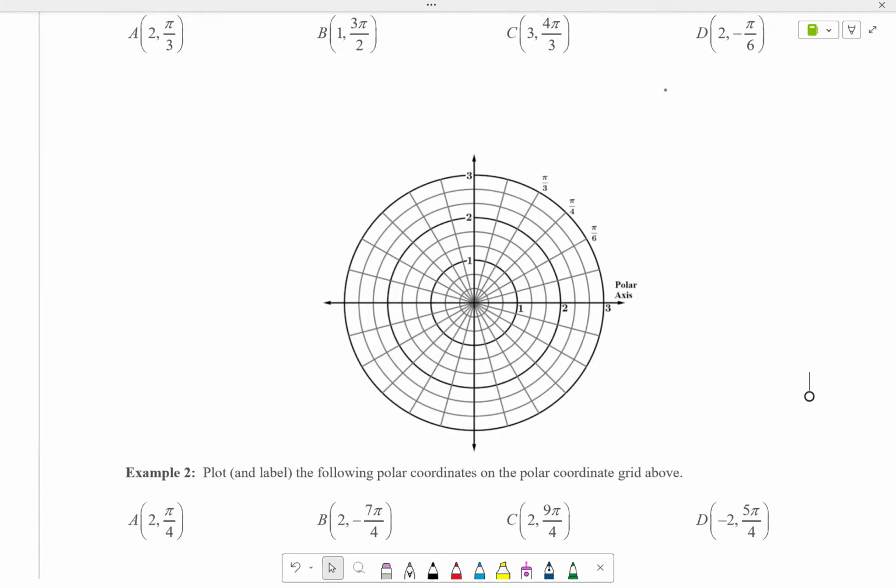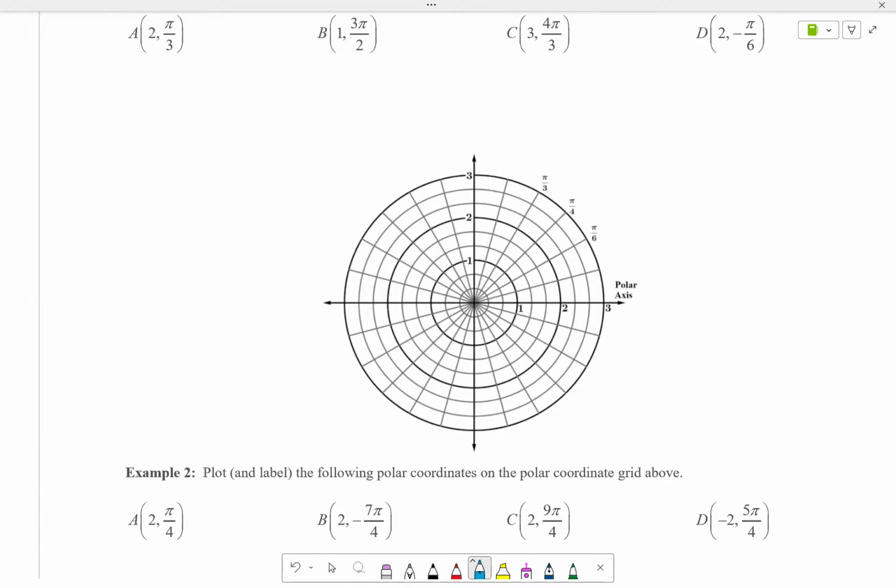There's just one axis, and that axis rotates about something called the pole. In polar, it's called the pole, not the origin. That's why they're called polar coordinates.